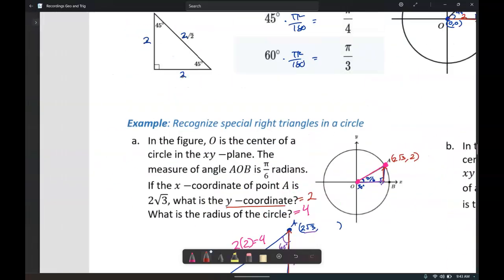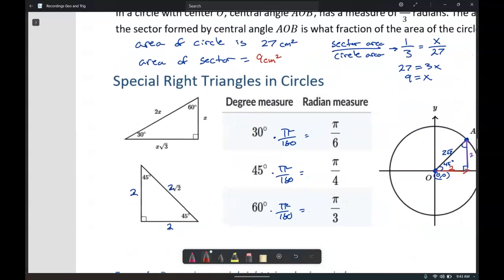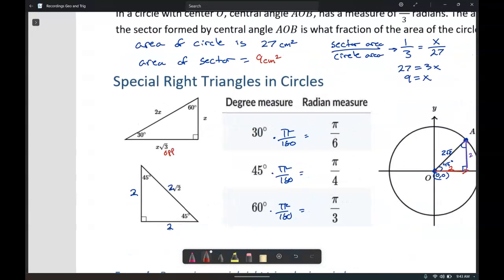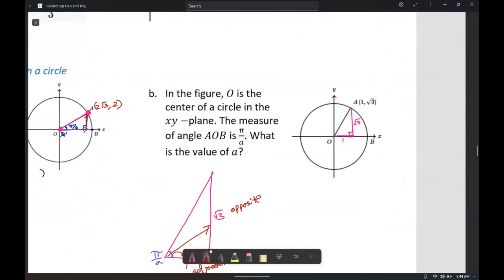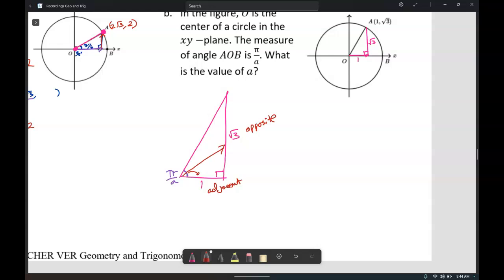So let's look at our diagram. Well, what angle has the square root of 3 as the opposite and the 1 as the adjacent? That's going to be our 60-degree angle. Opposite 60 degrees is square root of 3, and adjacent to it is the 1. So we know that this angle down here has to be 60 degrees.